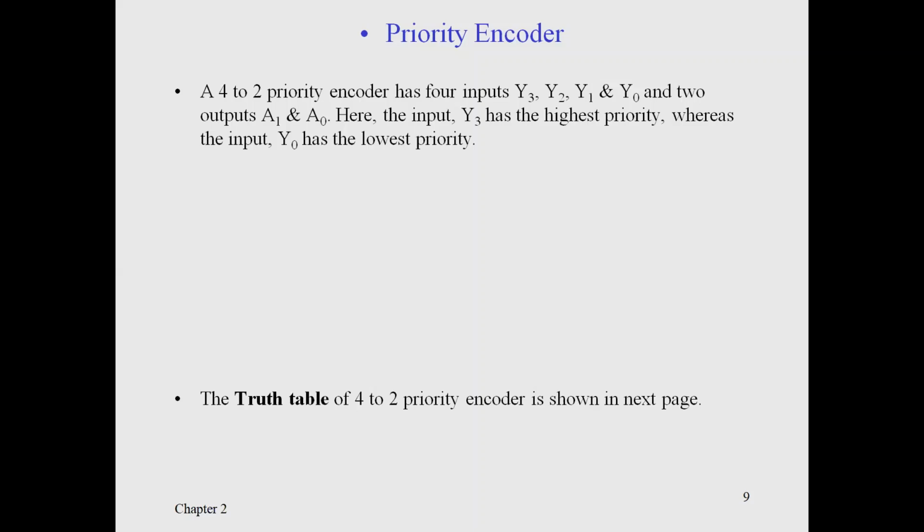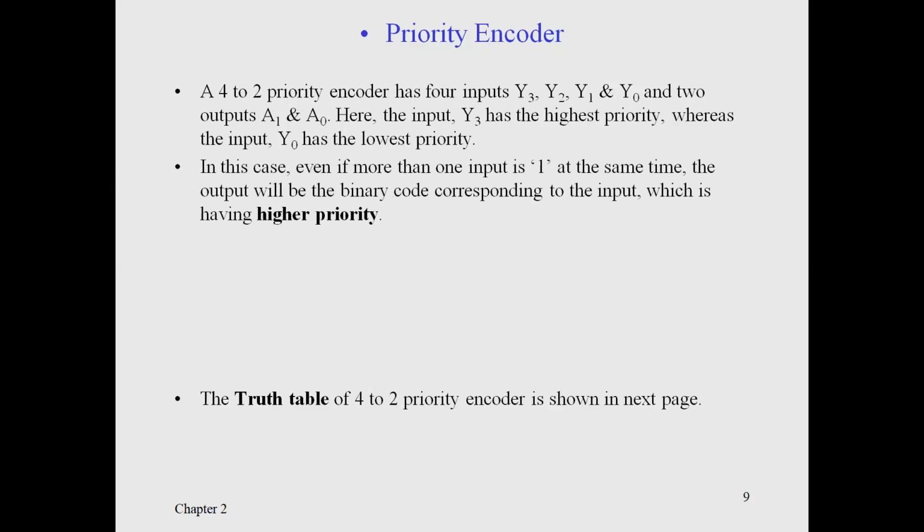Here the input Y3 has the highest priority, in the system we designed, whereas the input Y0 has the lowest priority. So in this priority system, we give the highest priority to the Y3 input and the lowest priority to the Y0 input.